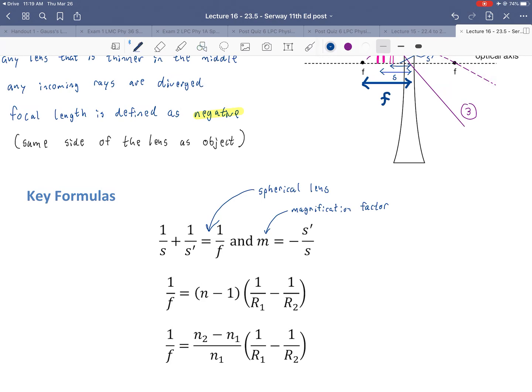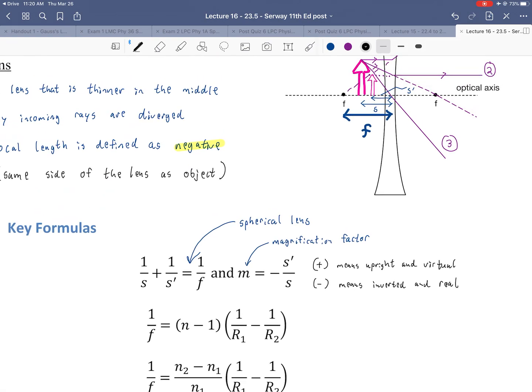So if we go here, positive means upright and virtual. And then negative here means inverted and real. Okay? And that was absolutely the same. There's no change in the rules at all for mirrors versus lenses for using that formula.